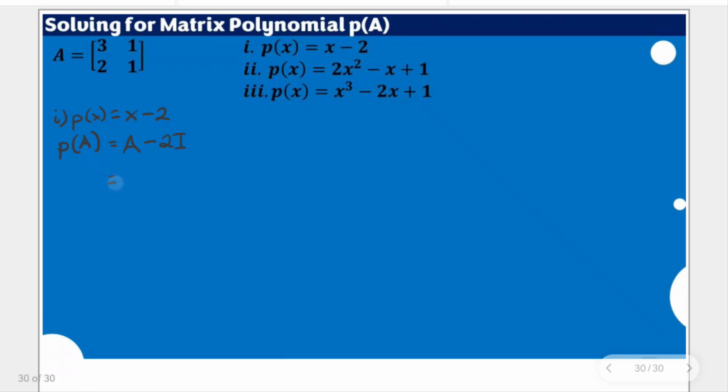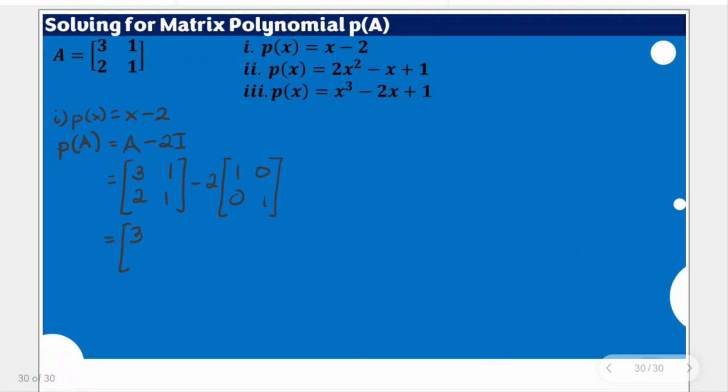Hence, we will have here our entire A, 3, 1, 2, and 1. Then minus 2 times I, which should be the same size of our A, so that the difference or the sum, if it's addition, would be defined. So that's 1, 0, 0, and then 1. And then we have it here.